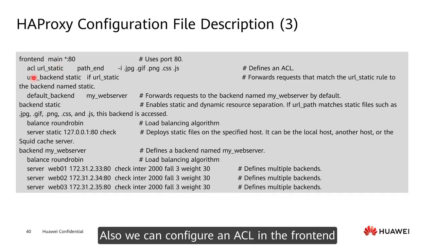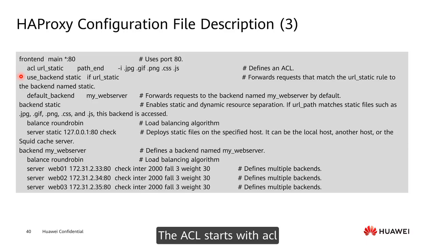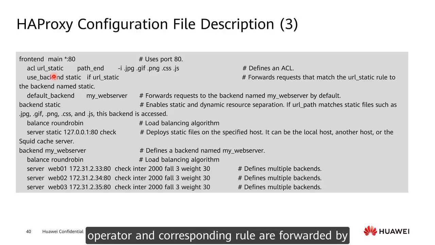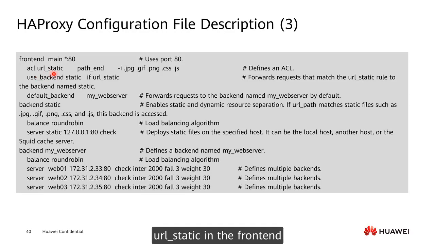Also, we can configure an ACL in the frontend. The ACL starts with acl to identify the configuration. Then we can customize an ACL name, for example, url_static in this slide. The operations on the request, operator, and corresponding rule are followed by url_static.